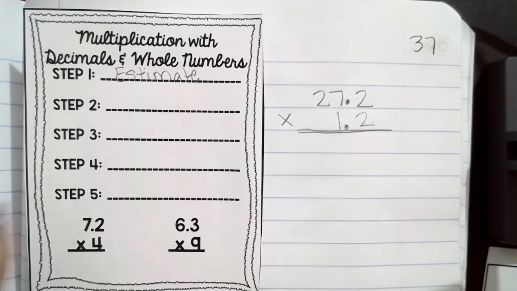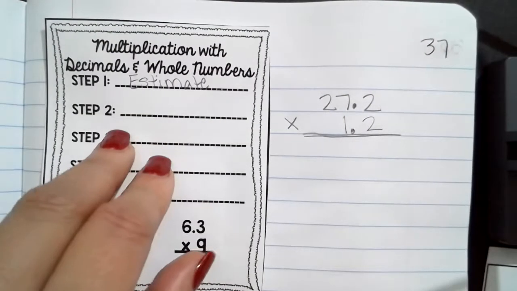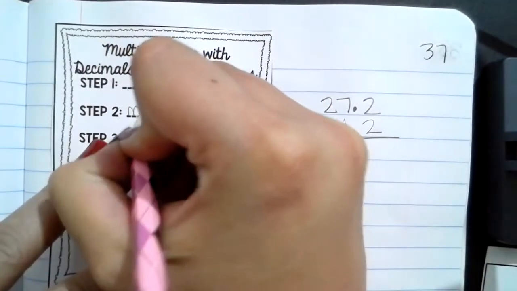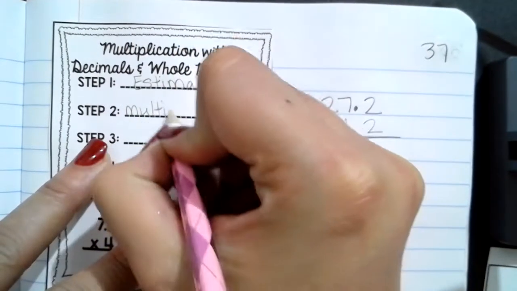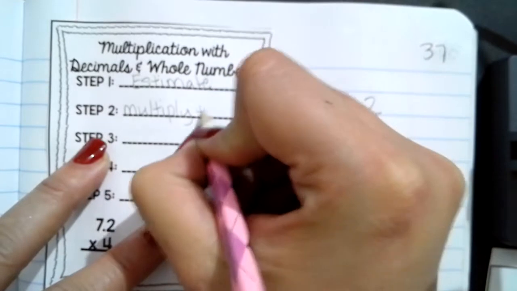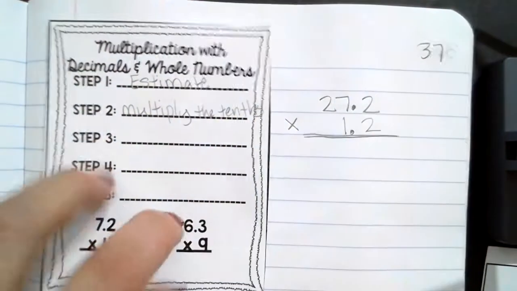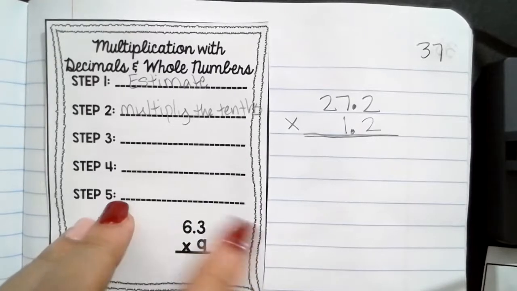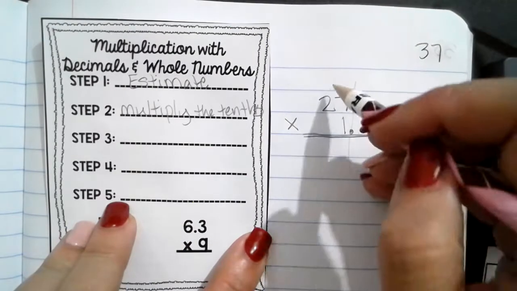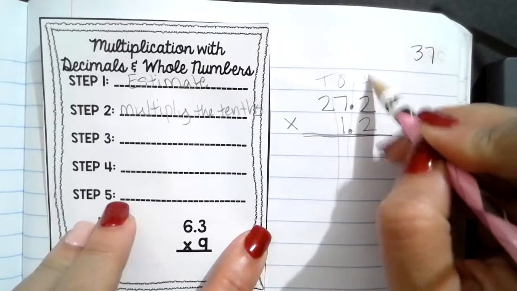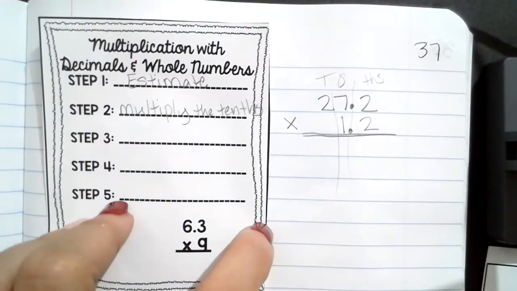Okay. All right. Step 2 will be we are going to multiply the tenths. Well, we got to know where the tenths are, right? So if we use our place value, this is my ones, this is my tens, this is my tenths. Okay?